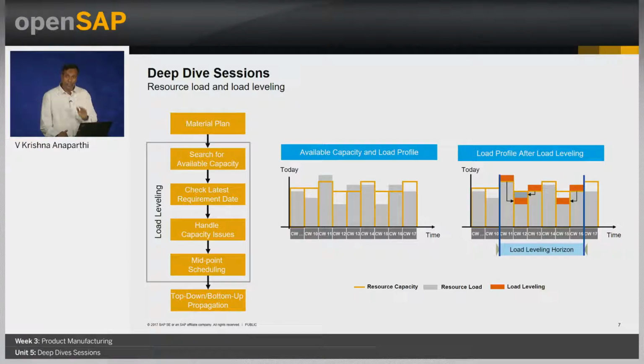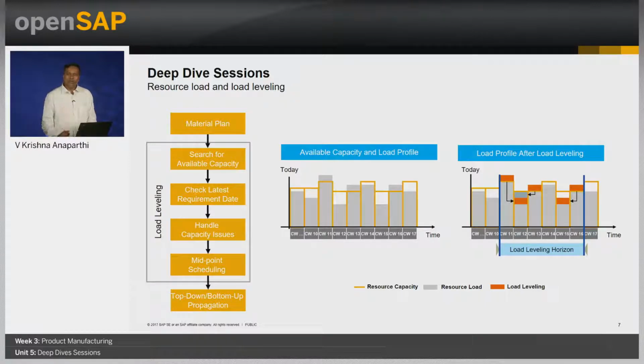Load leveling will only happen on the unfirm proposals. Any proposal which is already frozen will not be touched by the resource load leveling. There is an option called compact scheduling, which automatically adjusts the operation relationships within the production proposal after a certain planning operation is rescheduled.